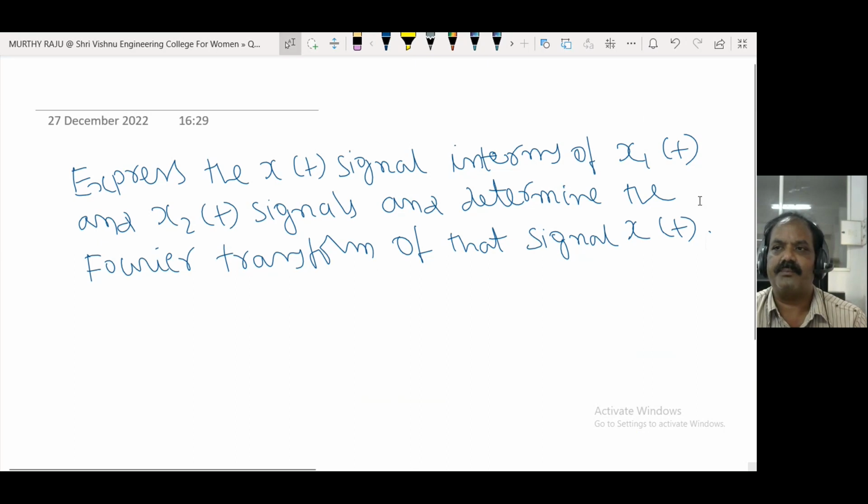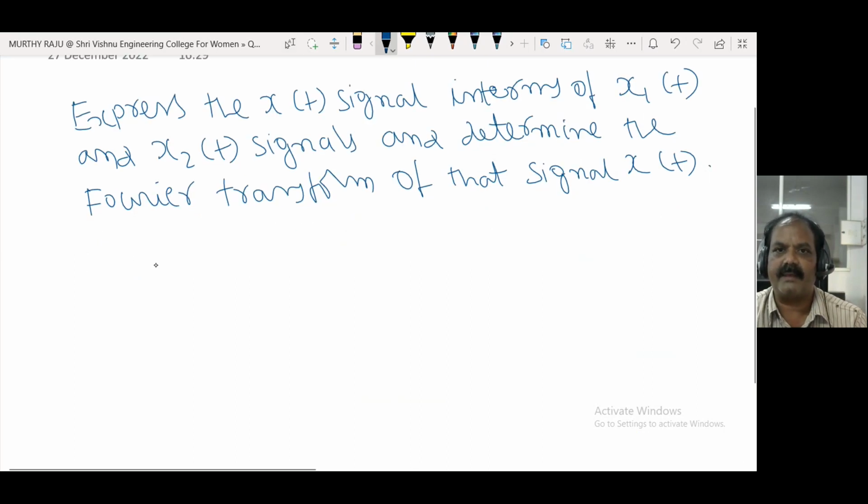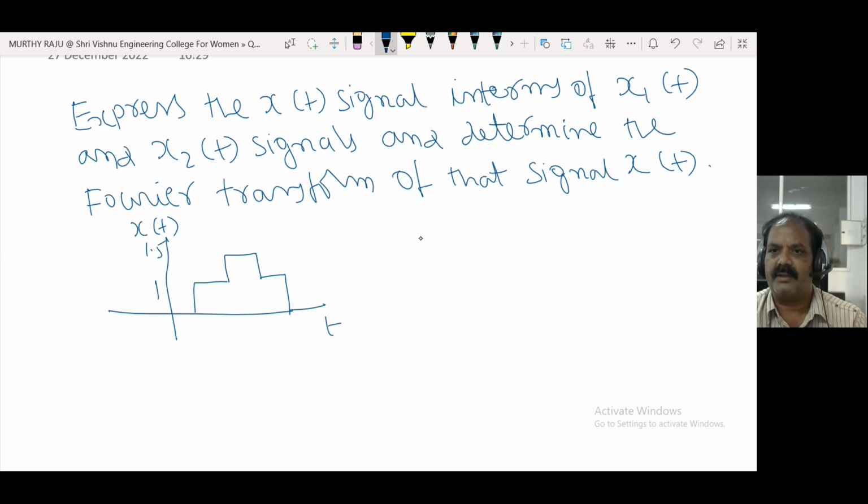Here x of t function waveform is like that. X of t is equal to... this one is x of t, 1.5. The x1 of t is equal to -1/2 to 1/2.